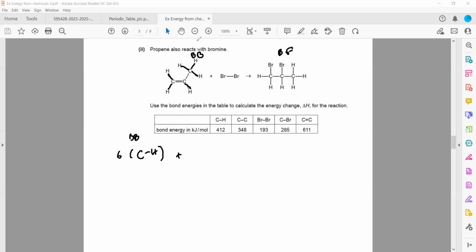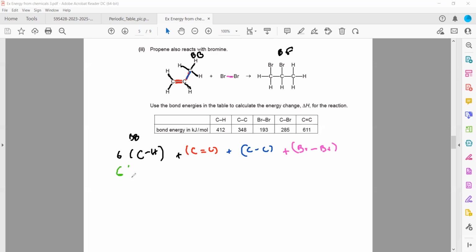Plus there is carbon double bonded with carbon, and remember, carbon double bond with carbon is different, and carbon single bonded with carbon has a different energy. So carbon single bonded with carbon, and then bromine single bonded with bromine. Then we can substitute the values.